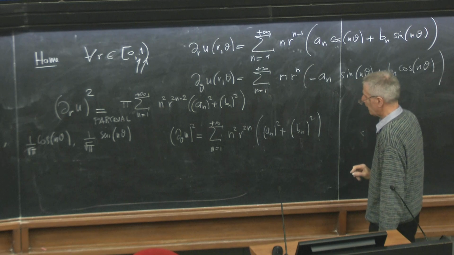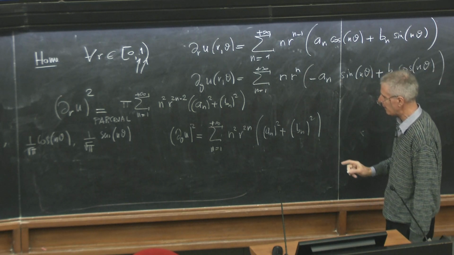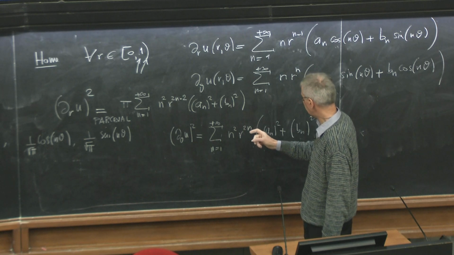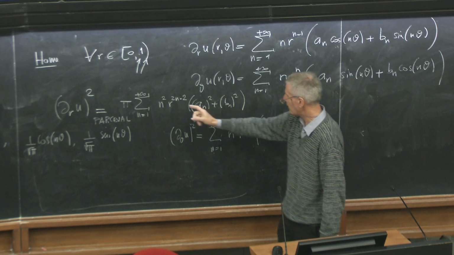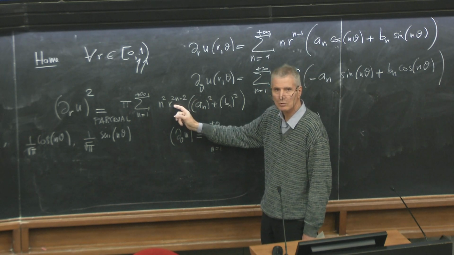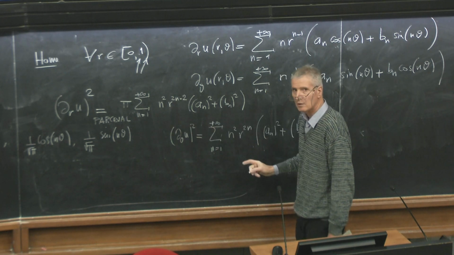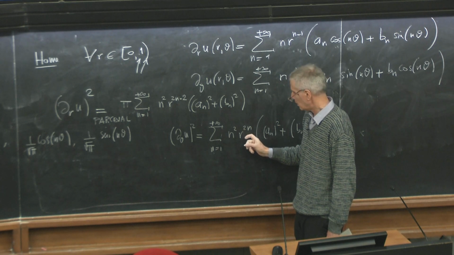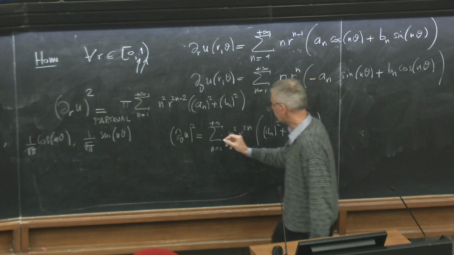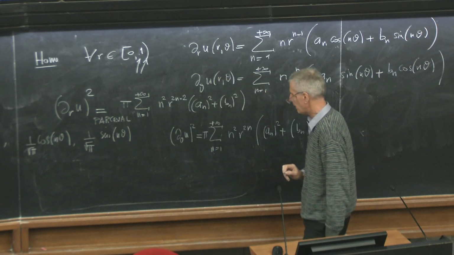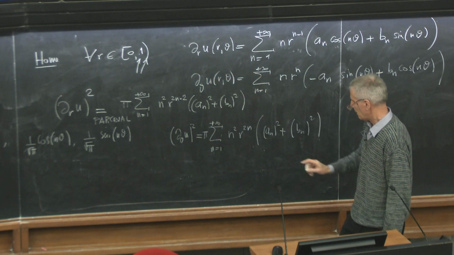No? Now the interesting remark is that you see, here we have r to the 2n minus 2. Here, I think we have integral in front of this. Pi, sorry, you're right, there is pi. This side. Integral, because integral of this square.